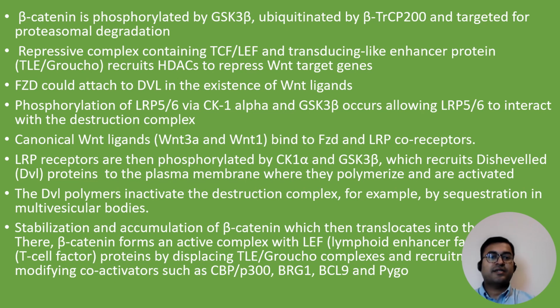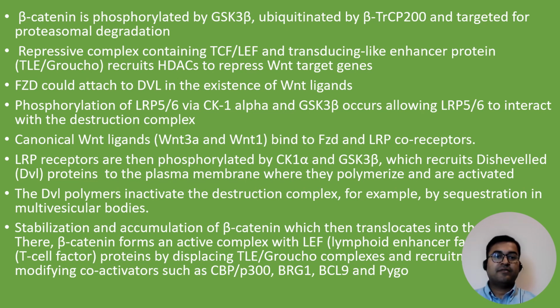We also discussed that LRP receptors are phosphorylated by CK1 alpha and GSK3 beta. Phosphorylation of this LRP by CK1 alpha and GSK3 beta leads to recruitment of disabled protein on the plasma membrane, and on recruitment of disabled protein on the plasma membrane, they polymerize and are activated.